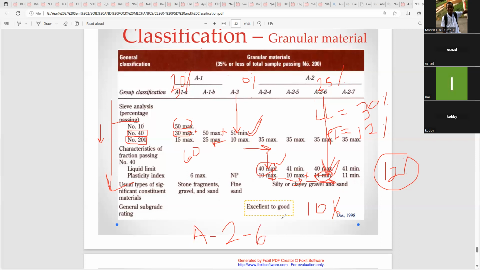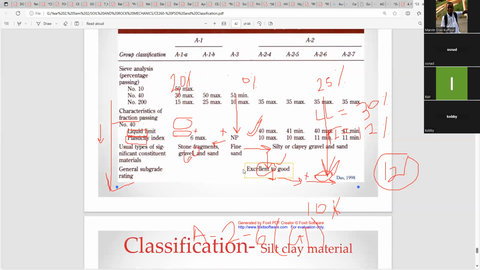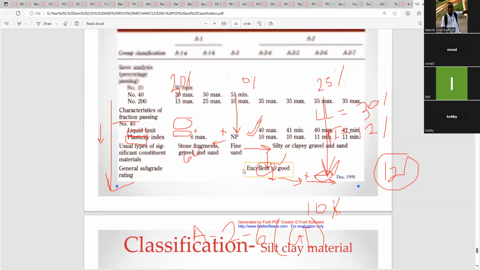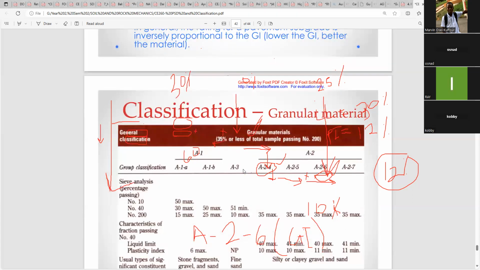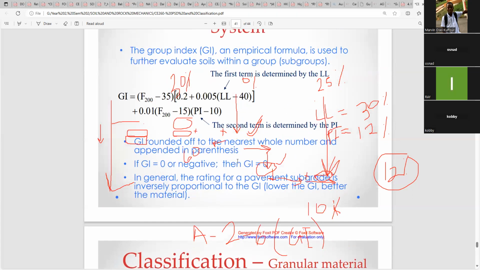So you have your class, and you have to bring your bracket and put your GI inside. So we have to calculate our GI. You know how we calculate the GI already. It's a very simple task. The GI is F200 minus 35.